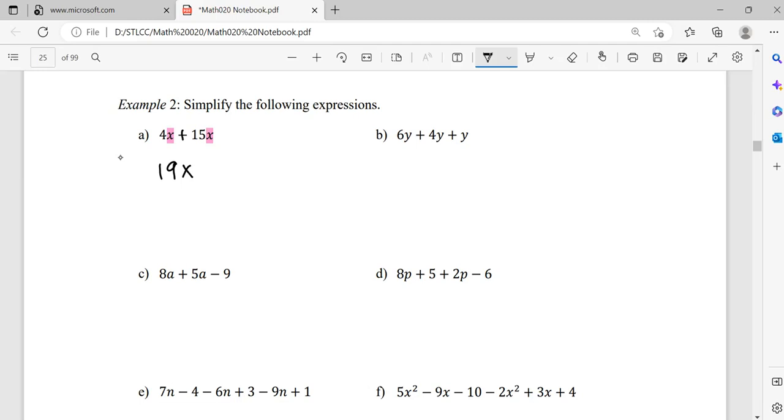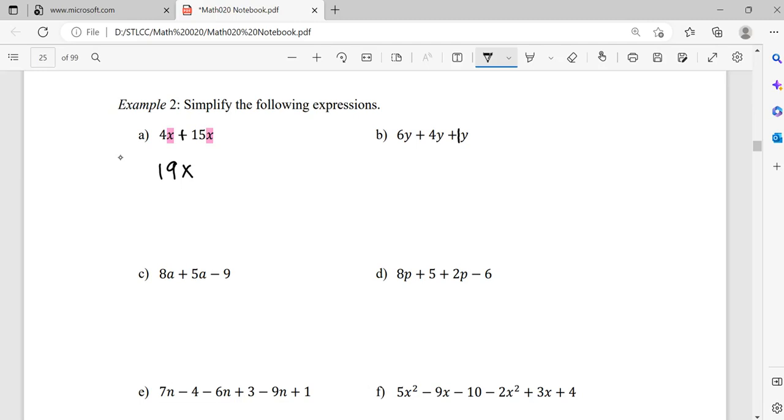Okay. So part B, your expression is 6y plus 4y plus y. The tricky part here is that y does not have a coefficient in front of it. There is no number attached to y. So we're going to use our identity property of multiplication, where a number multiplied by 1 is the same number. The same applies to a variable. So I can drop the 1 here.